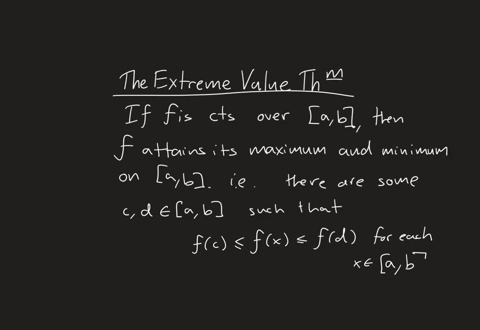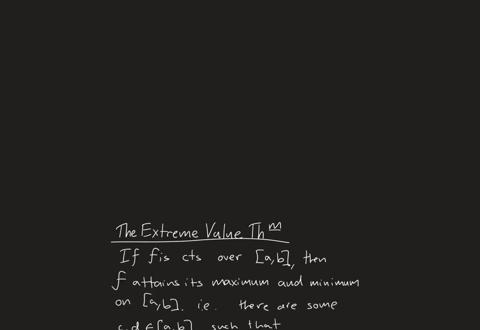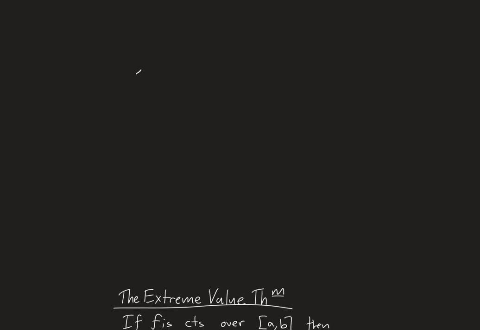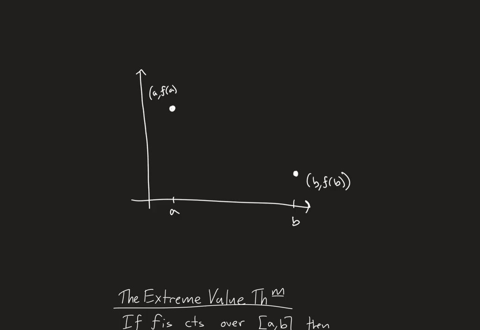So let's draw a picture for what this means. Y-axis, x-axis. Here's an A, here's B, here's maybe f of A, here's f of B. So this would be B comma f of B, and here's A comma f of A. And what I'm going to do is draw a continuous function.